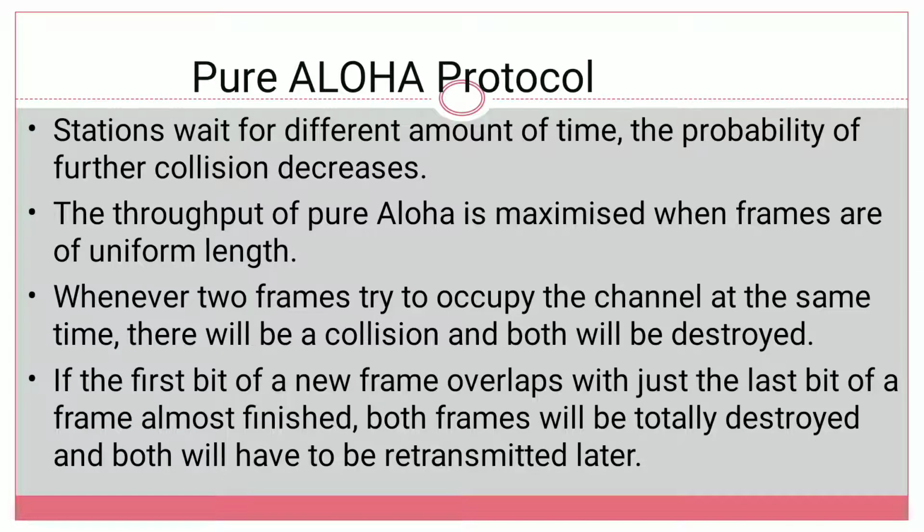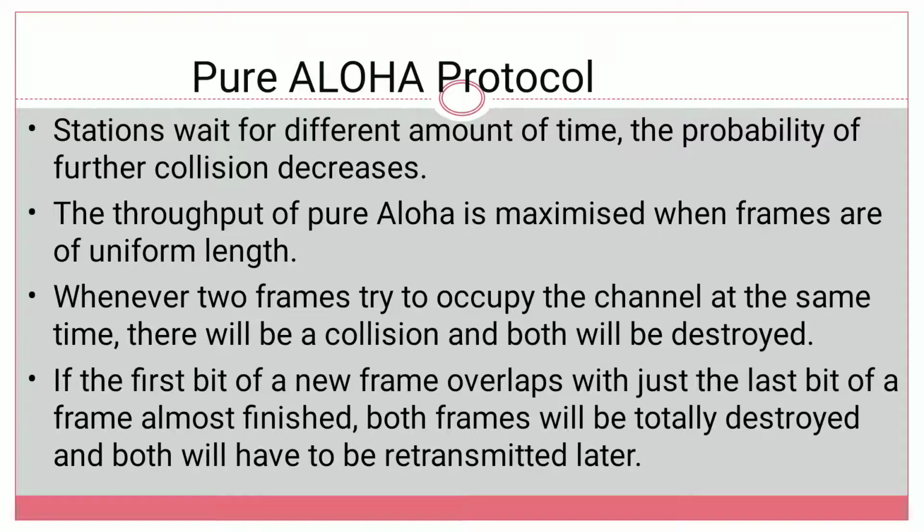If stations wait for different amounts of time, then the probability of further collision decreases. For example, station 1 starts sending the data, and then it will wait for some time. While it is in the waiting state, another station may start sending the data.